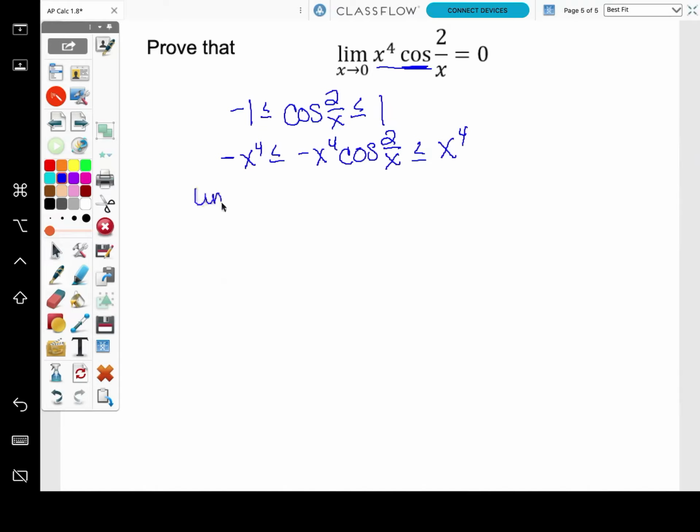Now we can take the limit as x approaches 0 of all of our functions. And we can evaluate the limits on the 2 outsides. So direct substitution, 0 to the 4th is 0.